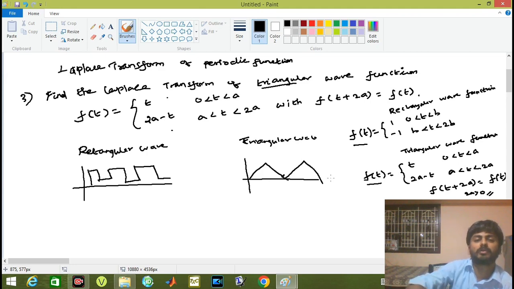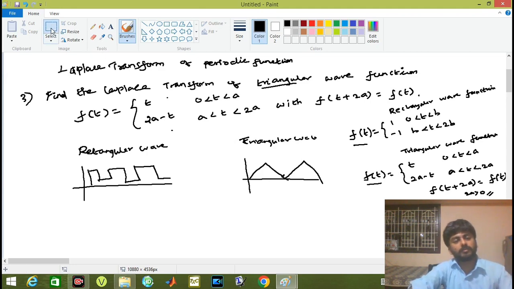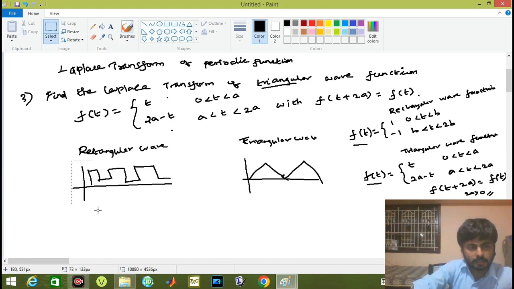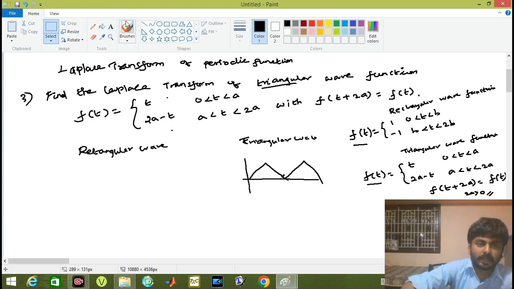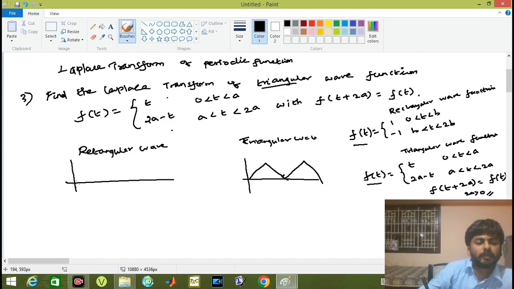So to be more clear, I shall draw this rectangular wave very neatly. So kindly take it. It may look like this. You will have a line, a rectangle, a line, and a rectangle, and so on. Okay, it will be like this rectangular function.